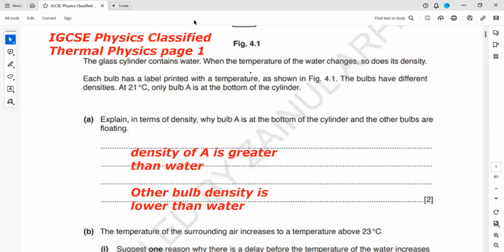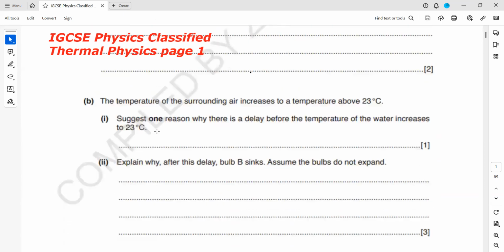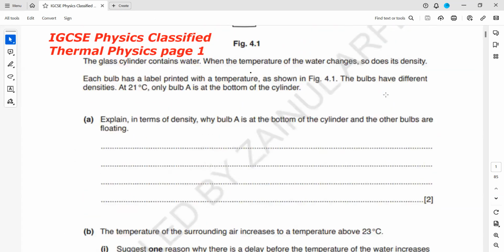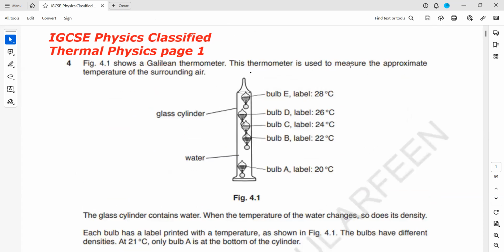The next one: the temperature of the surrounding air increases to a temperature above 23. Suggest one reason why there is a delay before the temperature of the water increases to 23. Remember, heat energy is transferred in a liquid by convection.